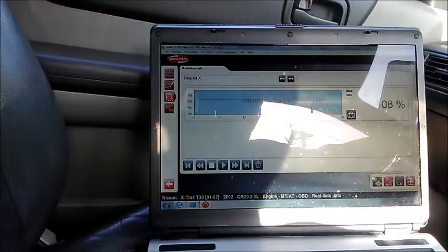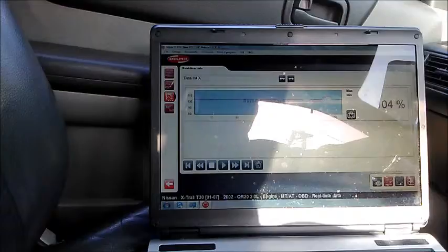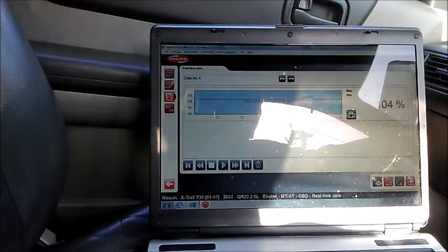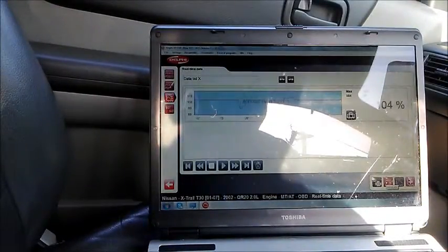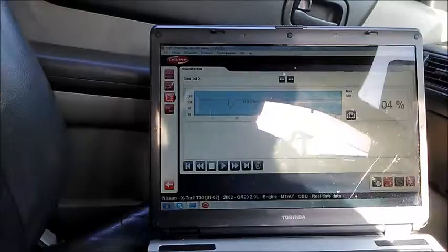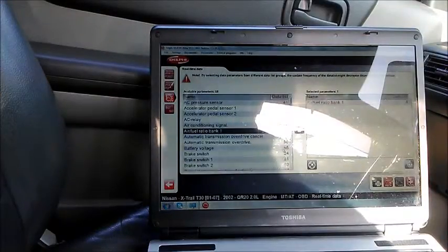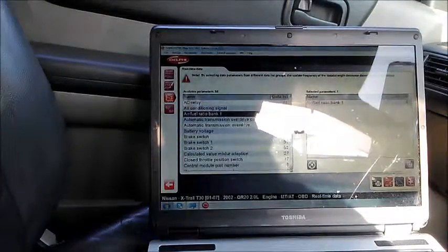No, I think I'm overdoing the revving. Let me hold it at about 2000. I think for better comparison, let me pull up the engine speed info as well.